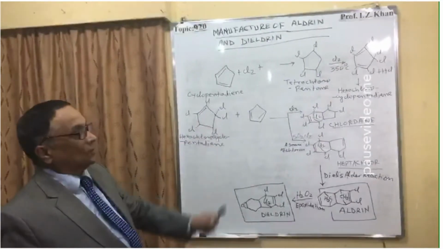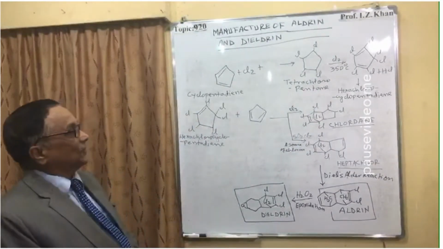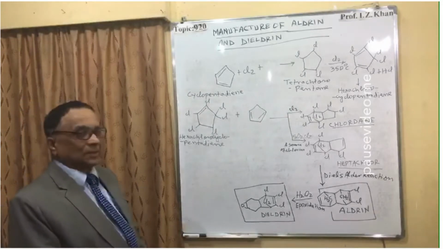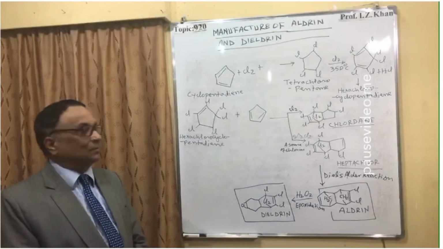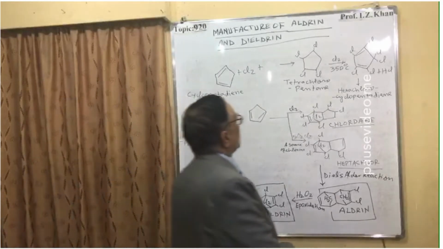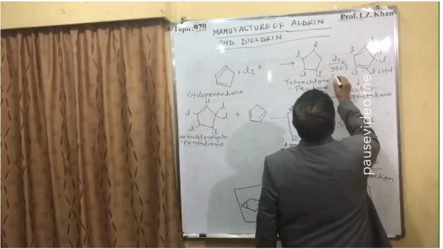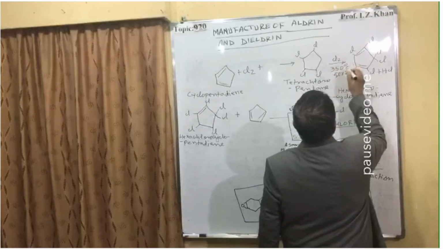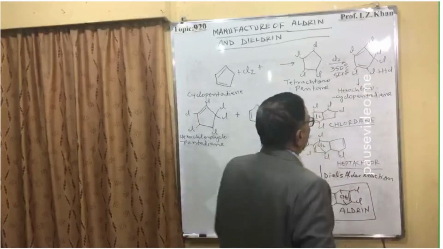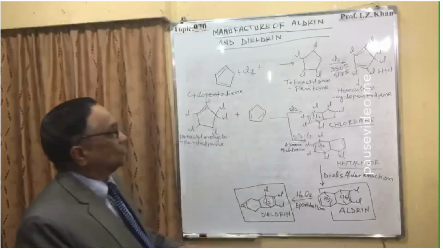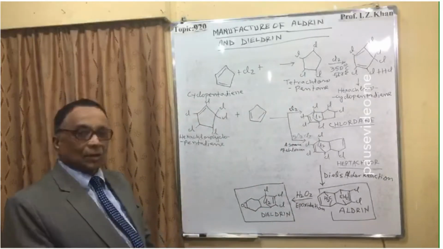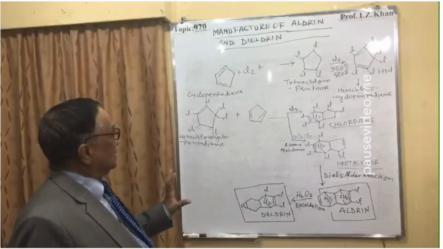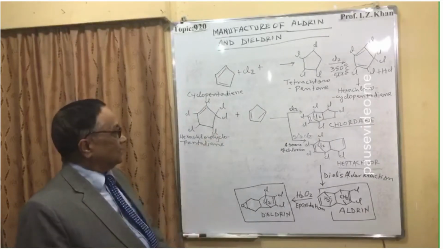That tetrachloropentane is further subjected to chlorination at about 350 up to 500 degrees centigrade temperature, and then it is converted into hexachlorocyclopentadiene.